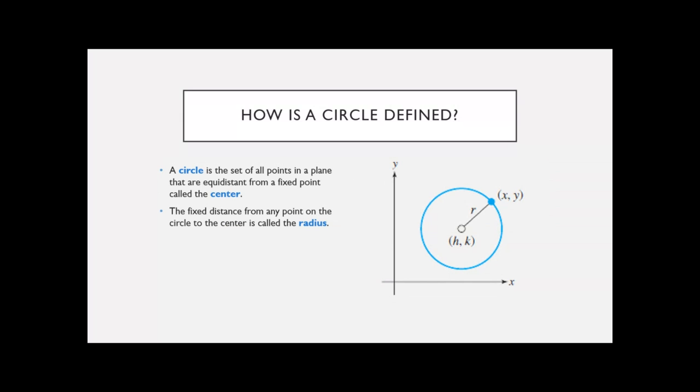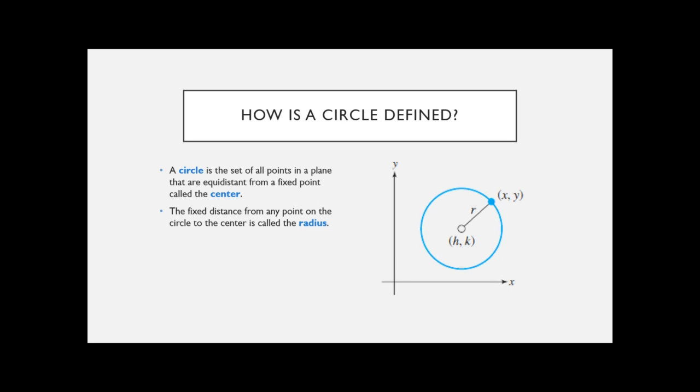So that's basically your graphing area. So it's all points on your graph that are equidistant, and equidistant means equal distance. So they have the same distance from a fixed point called the center. So basically you have a center, and then your circle is formed from all the points that are the same distance from that center, and that distance is what we call the radius.